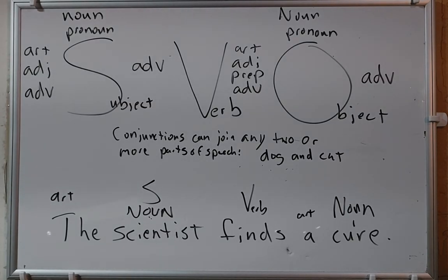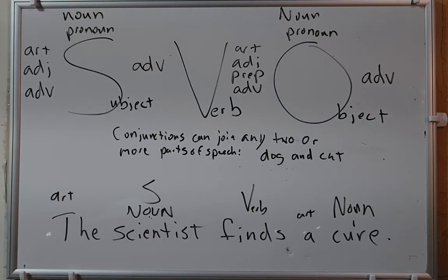Okay, let's look at this example. If we were to acquire the word scientist, we need to know the spelling, the meaning, the part of speech, noun, and the context in which the word would appear.